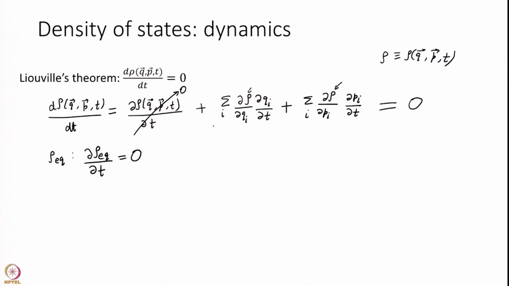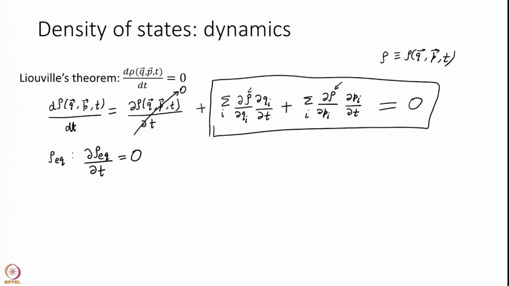So, I end up with only this equation, for equilibrium. If rho is non-equilibrium, then del rho over del t may not be 0.